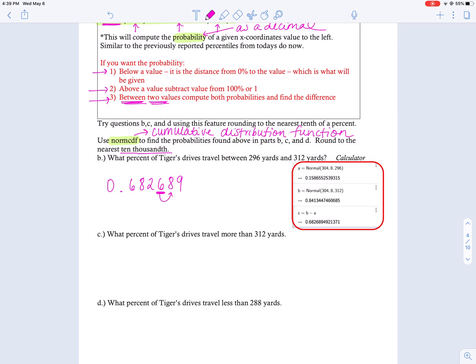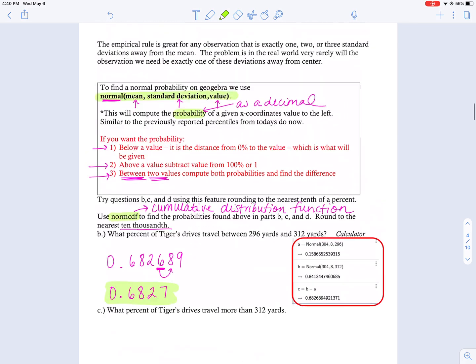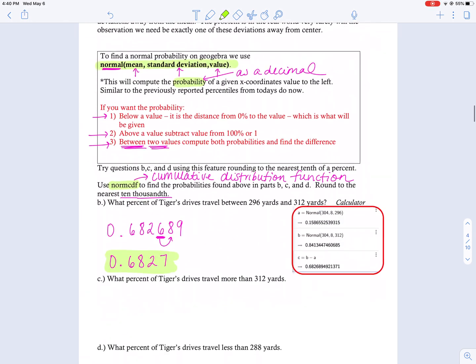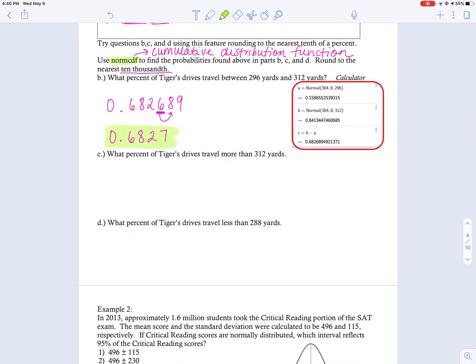So that 8 tells me to make it 0.6827. And this would be my answer. So that's about 68.3%, which is pretty close to 68.2%, which is what we said before, or about 68%. That's using your calculator versus if it's exactly one standard deviation above or below.